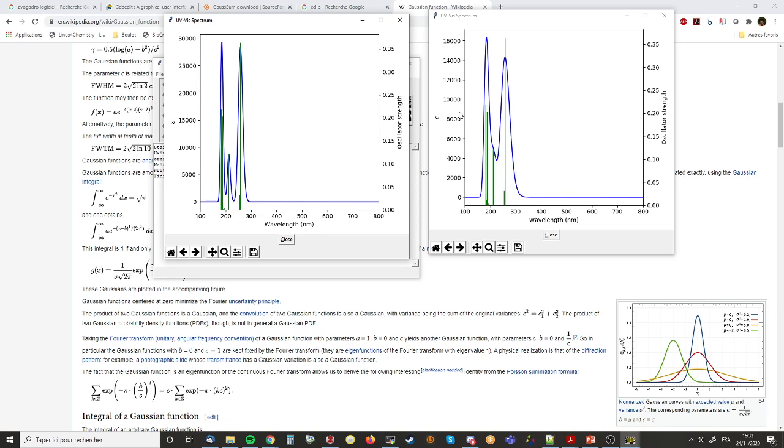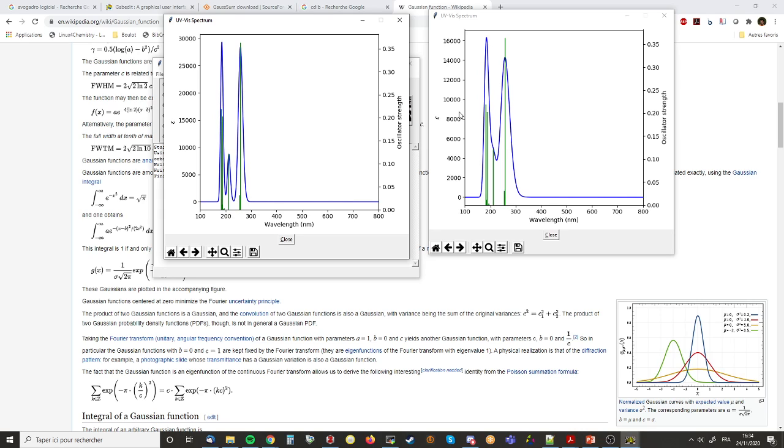Okay? So I don't have any theoretical concerns in order to choose this value. I have to make it empirically, linked to my previous knowledge, or maybe to my experimental data. Exactly.